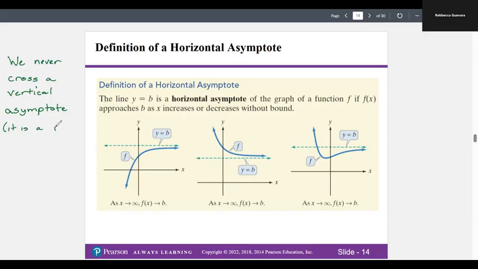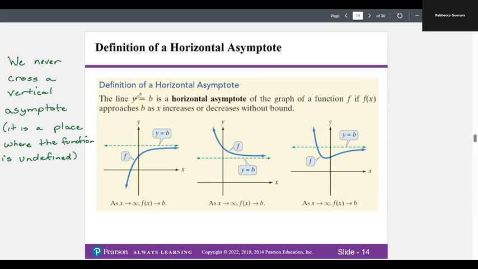It is a place where the function is undefined, a point that we can't get to. So I can never have an x value there. It's not the same for your horizontal asymptotes.